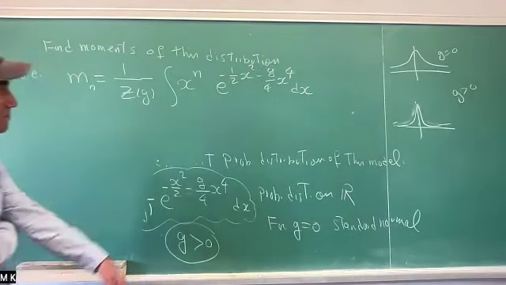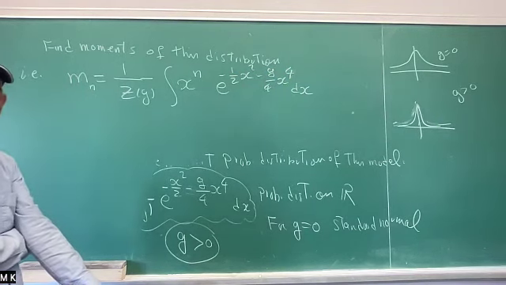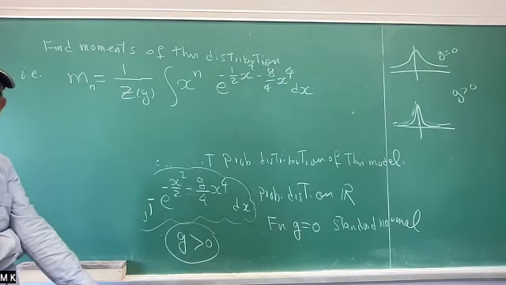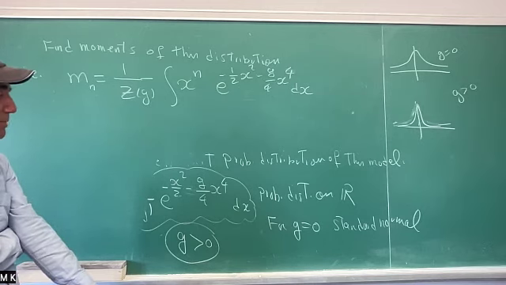This is what we want to know: what these numbers are, the moments of this probability distribution.